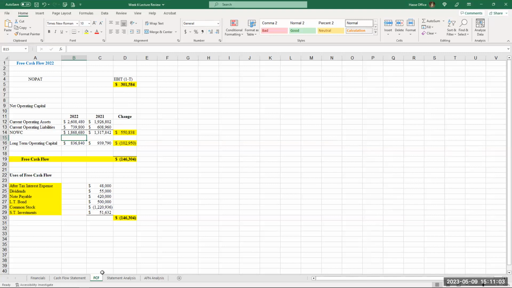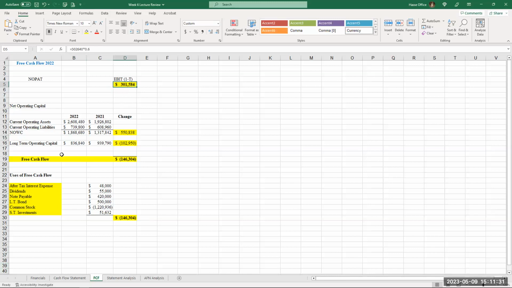And here's the calculation for this company. Again, I'm not going to ask you to do this analysis. I just want you to be informed as MBA students. You have some idea about free cash flow because free cash flow is used in a lot of investment analysis about companies. Free cash flow is earnings before interest and taxes and taking out the taxes. All right. You take out the taxes from EBIT.